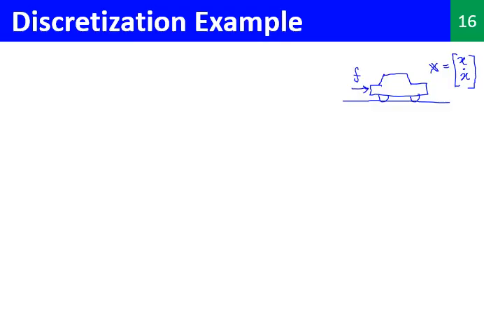Now let's represent this system first using a continuous time deterministic linear system. That is, we have x dot, so this is a vector, equals Ax plus Bu.